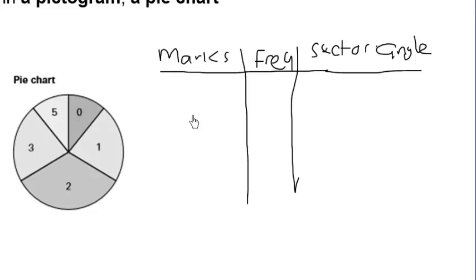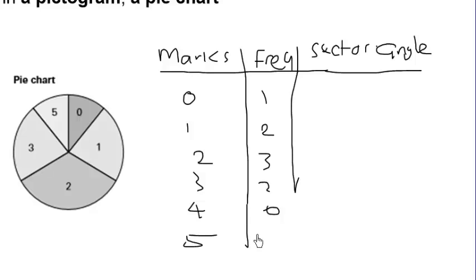So for the 0 mark, we have only one person. Then for the 1 mark, we have 2 people. Then for 2, we have 3. Then for 3, we have 2. Then for 4, we have 0. Then 5, we have 1.